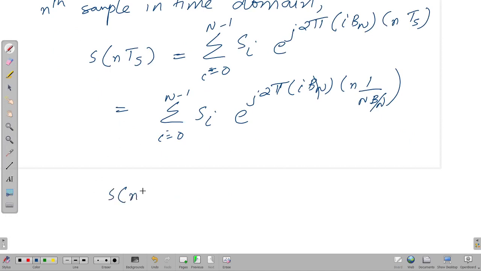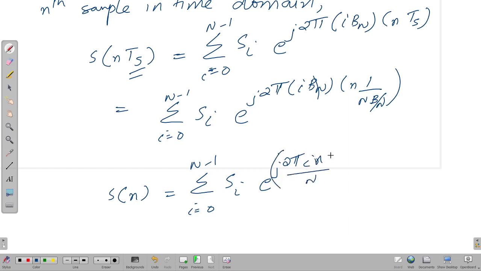Now I can write S of n, because this expression on the right hand side is independent of Ts, as I equal to 0 to n minus 1 Si e raised to j 2 pi I n divided by capital N, and this is the expression for IDFT.